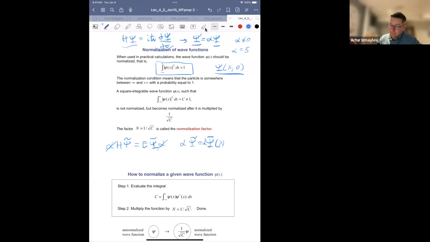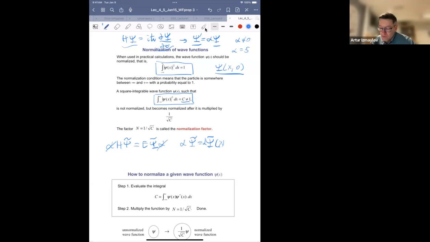And in order to get the right physical wave function, if you are given some function, what usually is done is renormalization. Meaning that the function is not normalized. Let's say this integral is not 1, it's some constant.